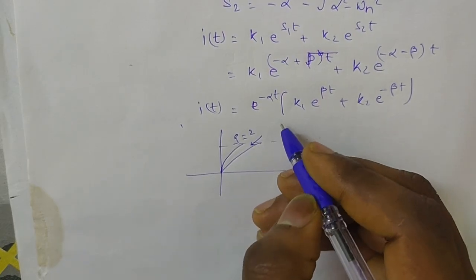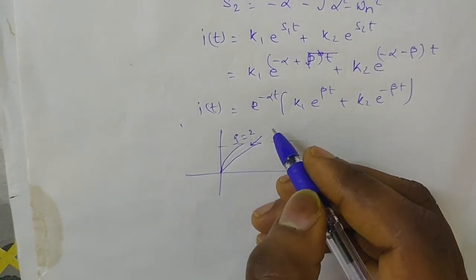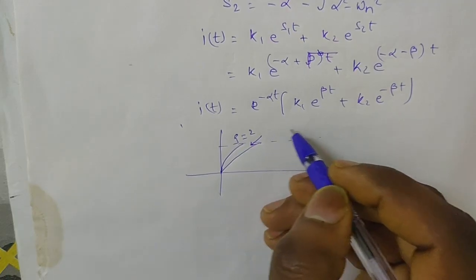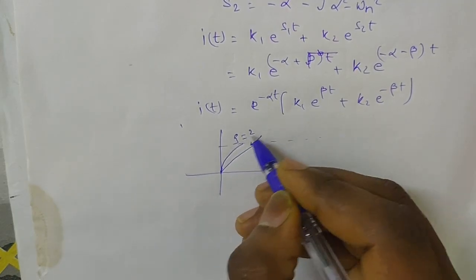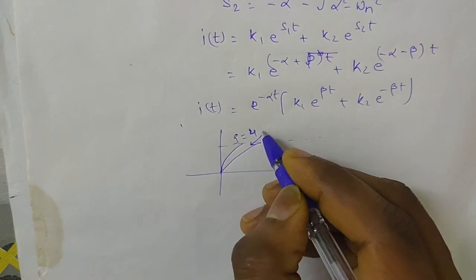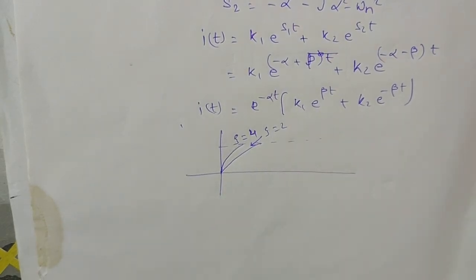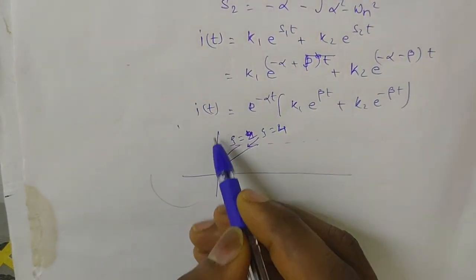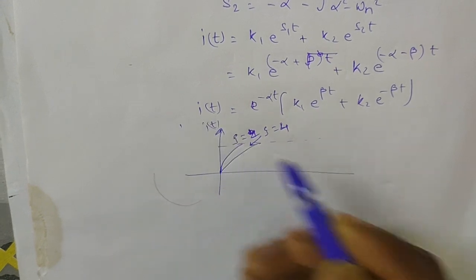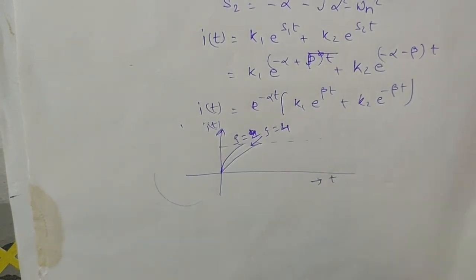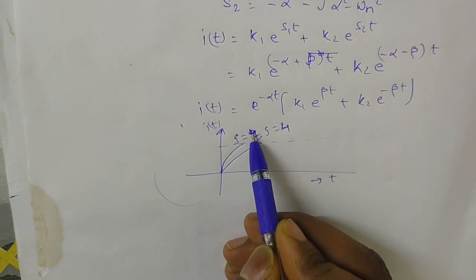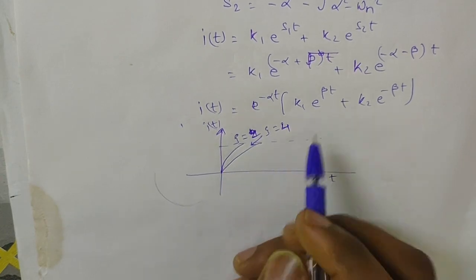If the zeta value is more, 4, and zeta value is 2. Based on the zeta value, the response will look like this.